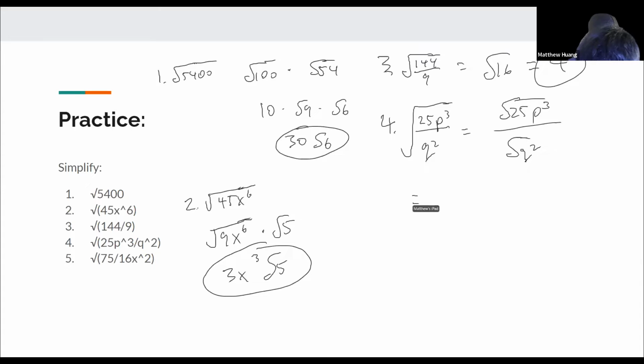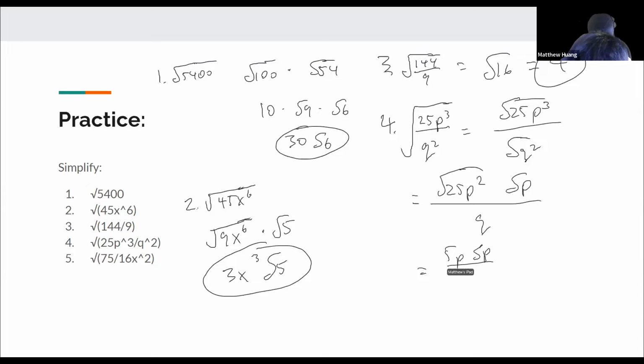The top, p cubed, you can't really divide that by 2, so we're going to take one p out. It turns into root 25p squared times root p. The bottom is just root q squared, and that obviously is just q. So we have at the top root 25p squared. 5 squared is 25, and p squared is p squared. So this one is just 5p root p over q.